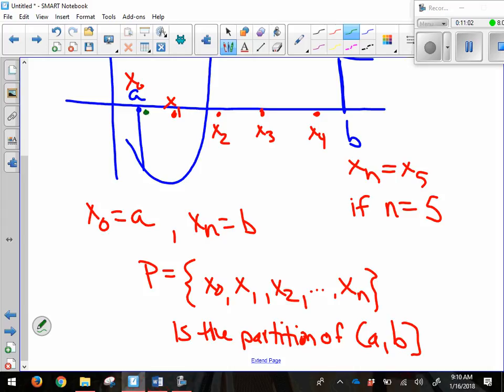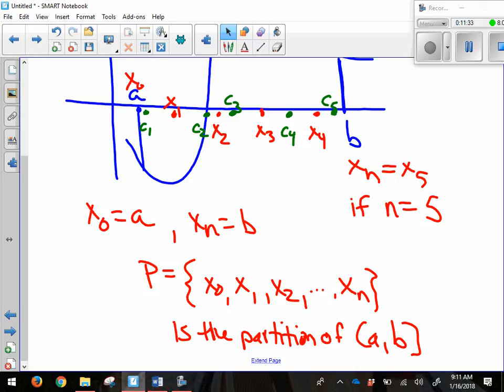So this might be c1. This, which would be really crazy, is c2. This is c3. This might be c4. And over here might be c5. They don't have to be in the middle.